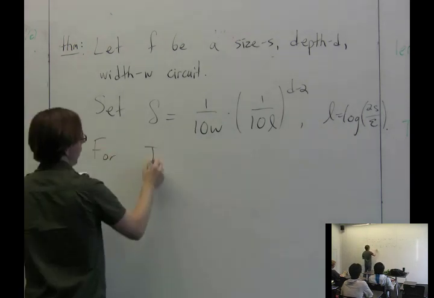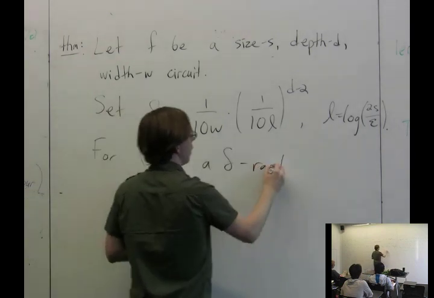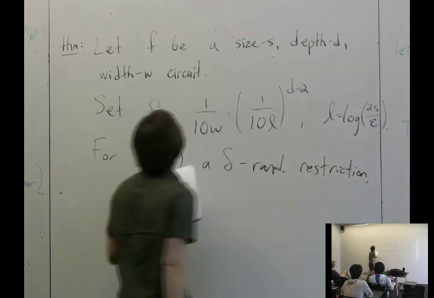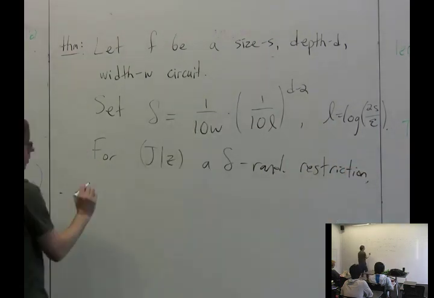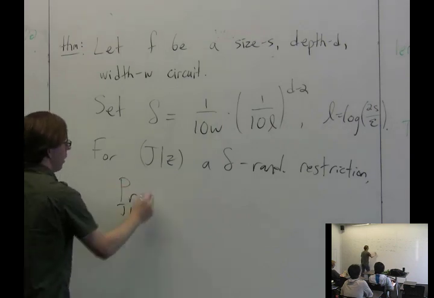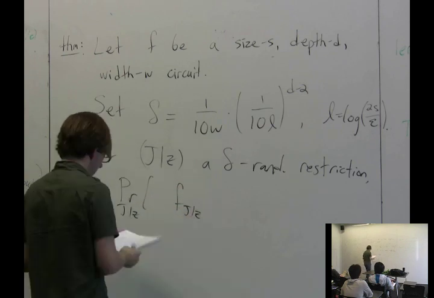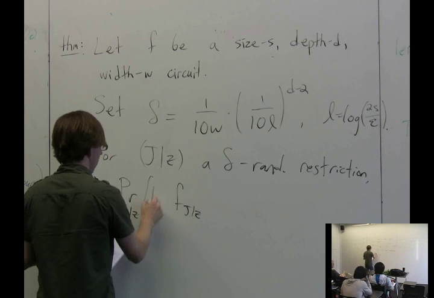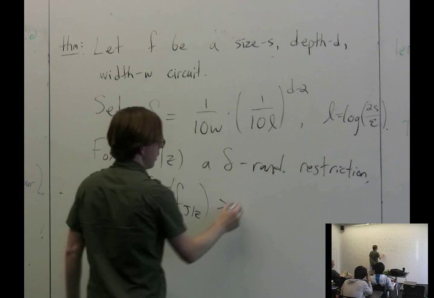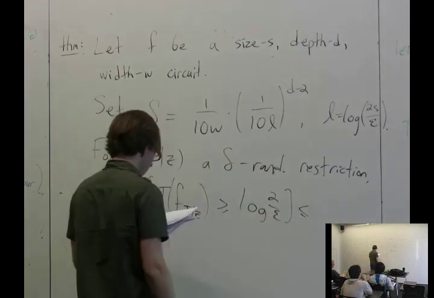Now, if you take a delta random restriction, it's very likely that f will become a shallow decision tree. The probability that f restricted by the random restriction needs decision tree depth log 2 over epsilon is at most epsilon.